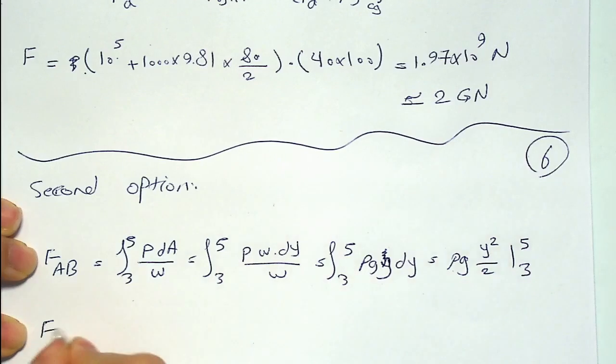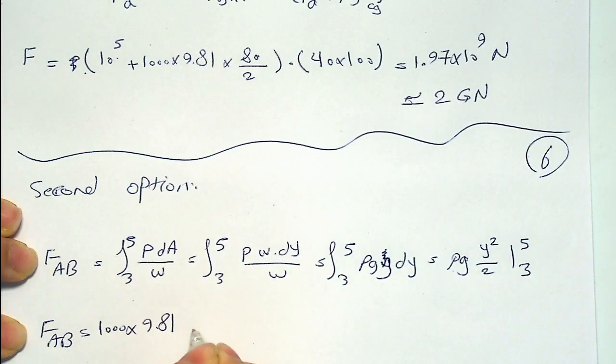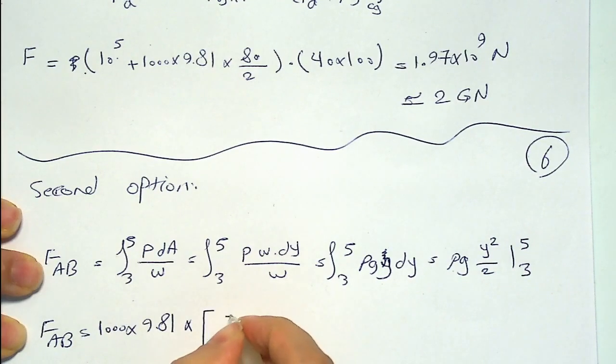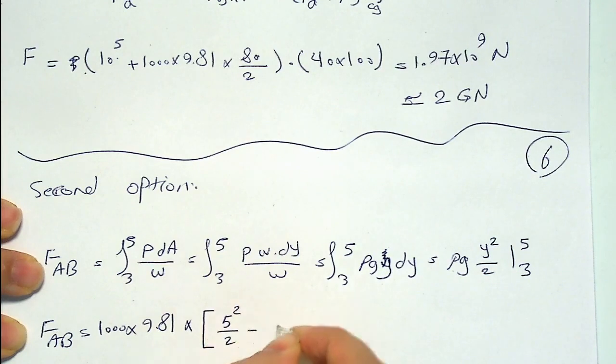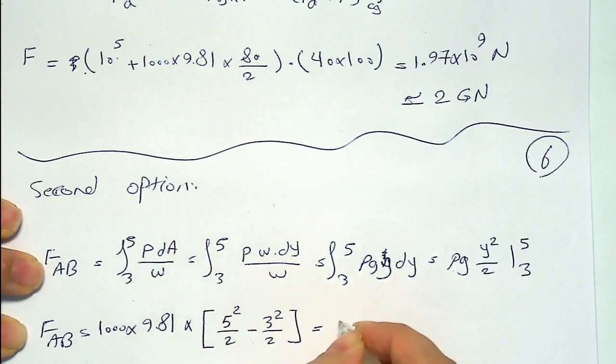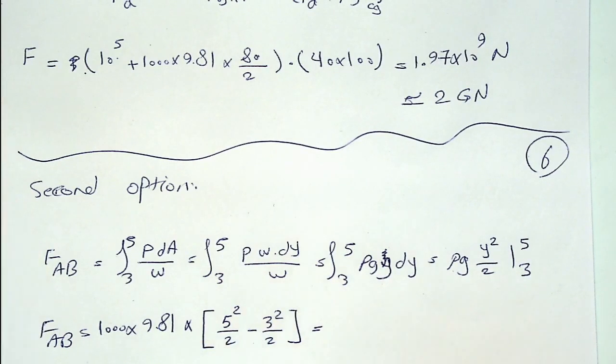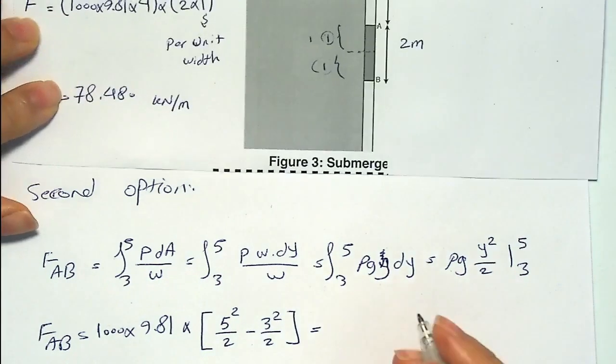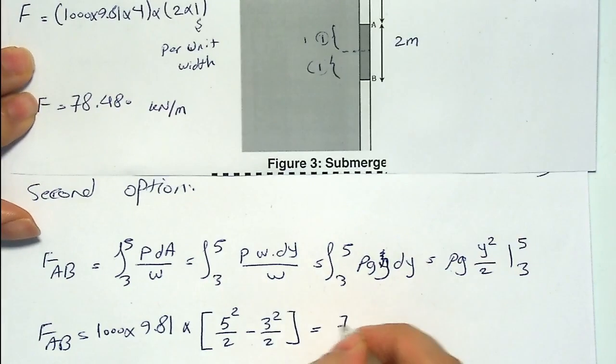So FAB would be equal to, rho is 1000, we have the G, and we are integrating from 5 to 3. So again, same as here, the F would be equal to 78.40.